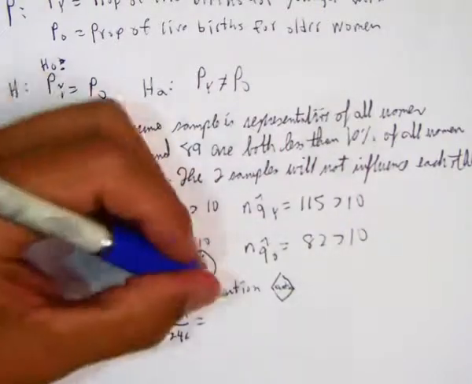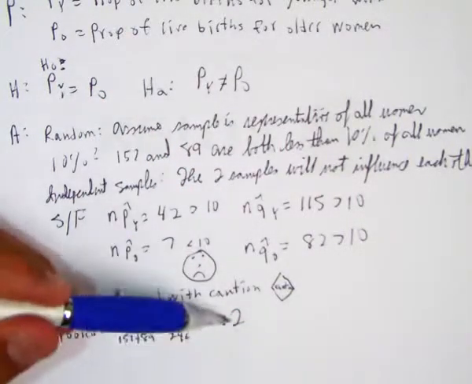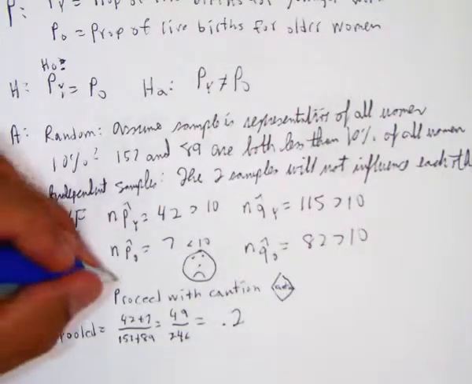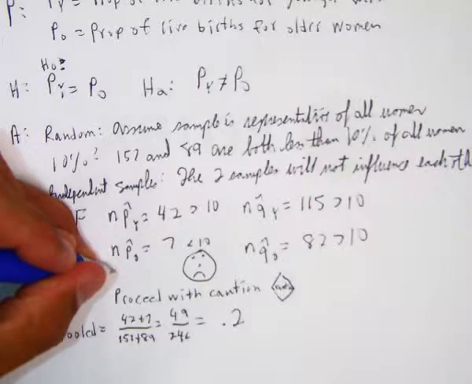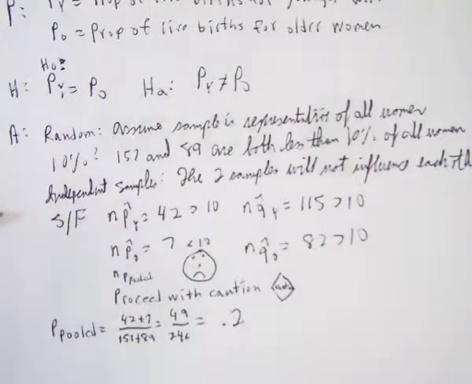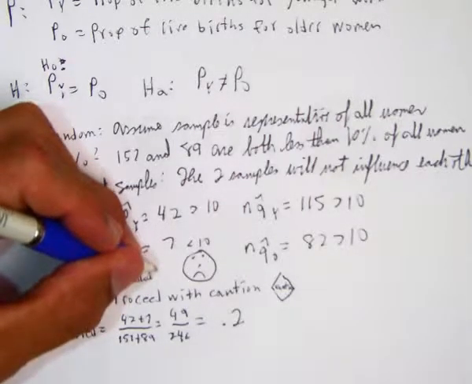We'll round it to about 0.2. We'll just say that p pooled is 0.2. So if you did 0.2 times this sample size of 89, n p pooled, you get about 18. So that's another way of checking it. It's kind of a roundabout way of doing it, but we're going to proceed with this test.